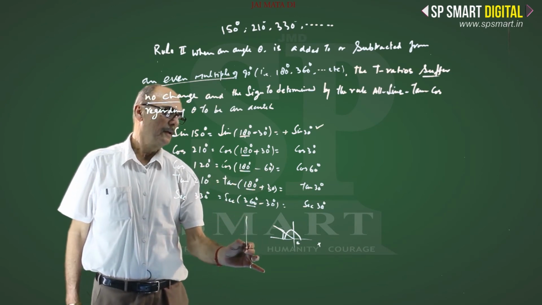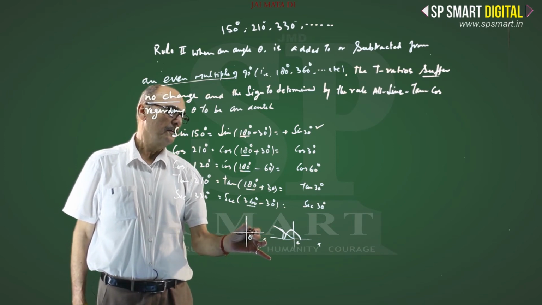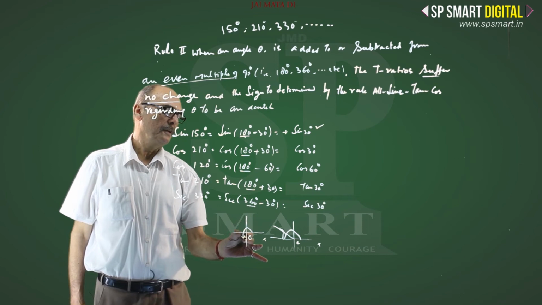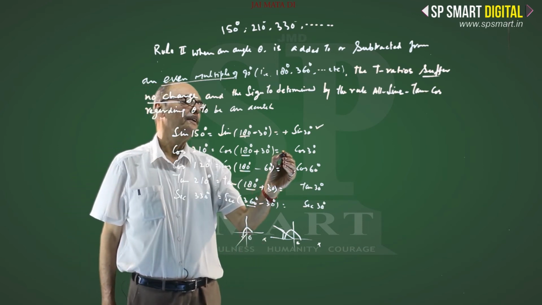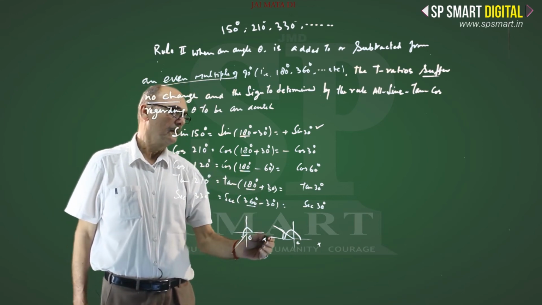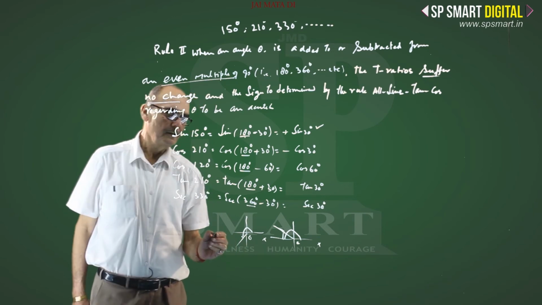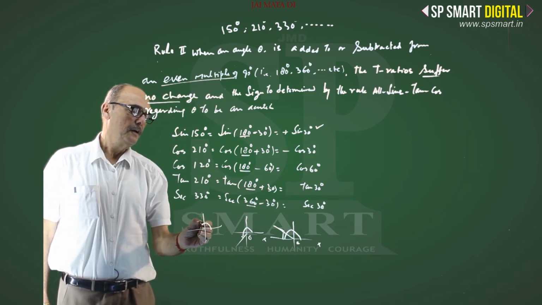Then this is 210. Again y axis, x axis, starting from here 180 plus 30. The third quadrant, in the third quadrant cos is negative. Then 120 degrees, third case, 180 minus 60.